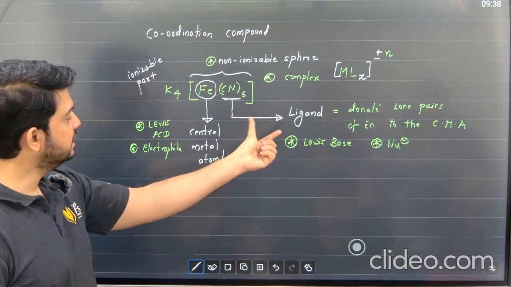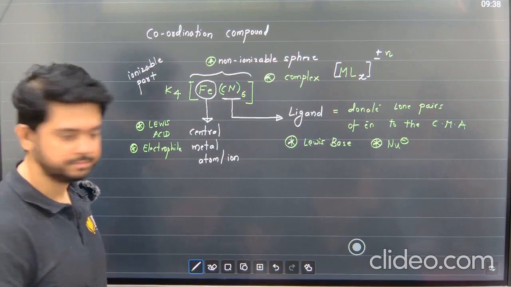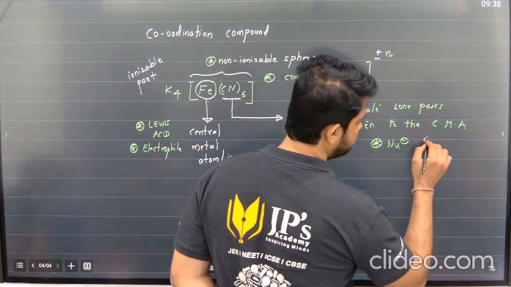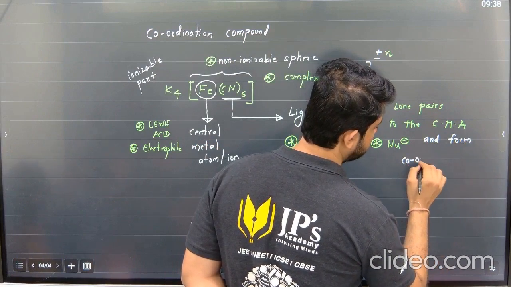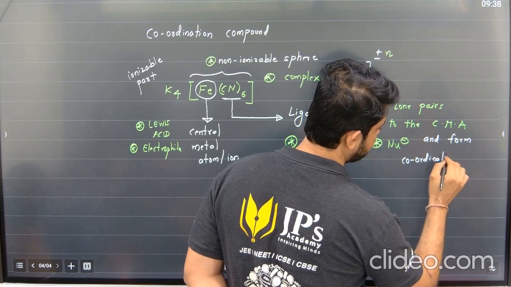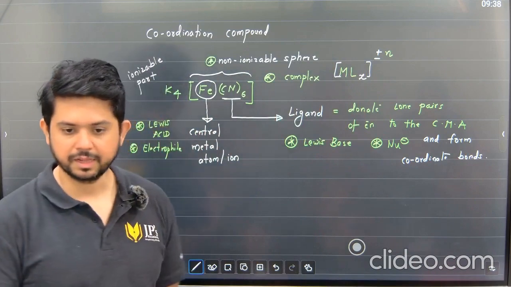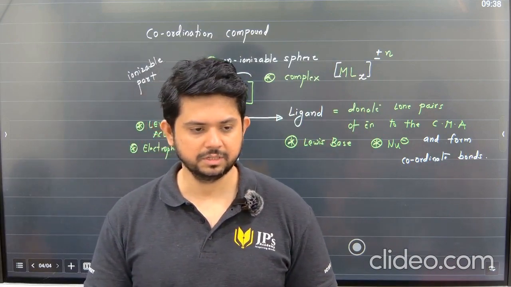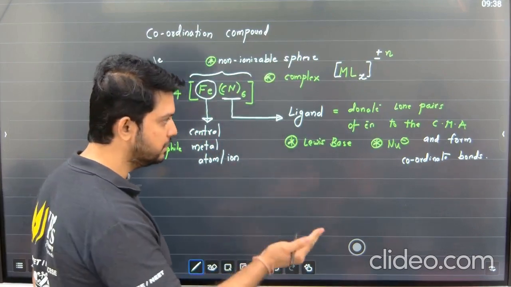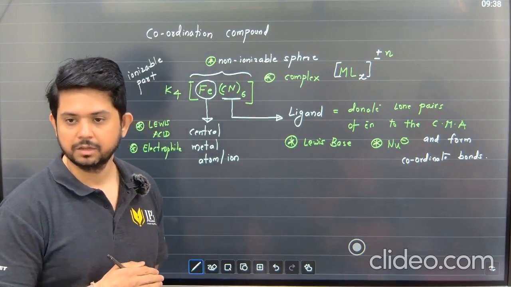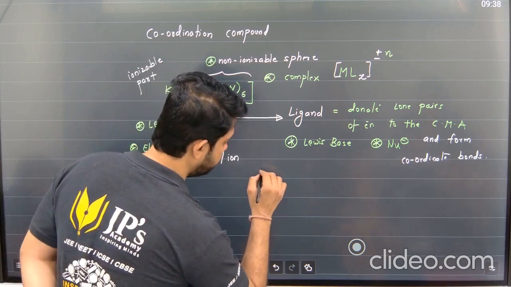Now, since ligands are donating electrons to the central metal atom, which bonds are they forming? Coordinate bonds. Any questions up to here? Now, depending upon the number of lone pairs donated, we classify that as the denticity of the ligand.